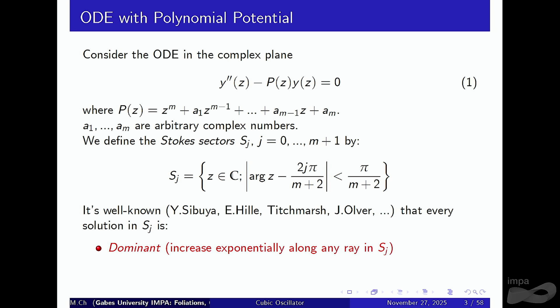We can find it everywhere. In each Stokes sector, defined this way, the non-trivial solutions to this differential equation are of two types: dominant solutions, which increase exponentially along any ray in the sector, and subdominant solutions, which decrease exponentially along any ray in the Stokes sector given by this equation.